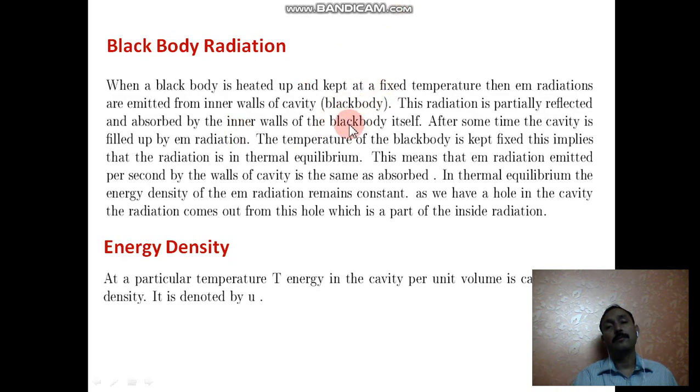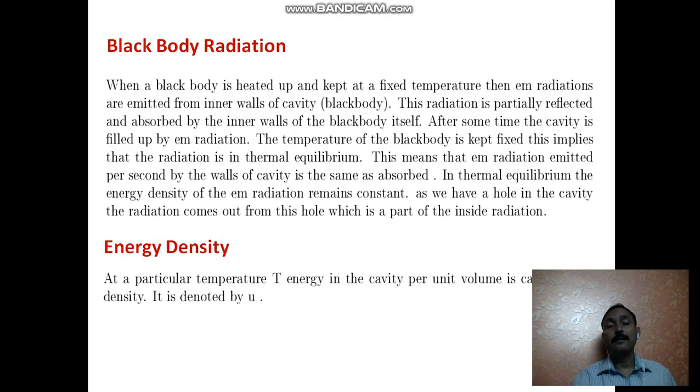This radiation is partially reflected and absorbed by the inner walls of the black body itself. After some time, the cavity is filled up by electromagnetic radiation. The temperature of the black body is kept fixed. This implies that the radiation is in thermal equilibrium.